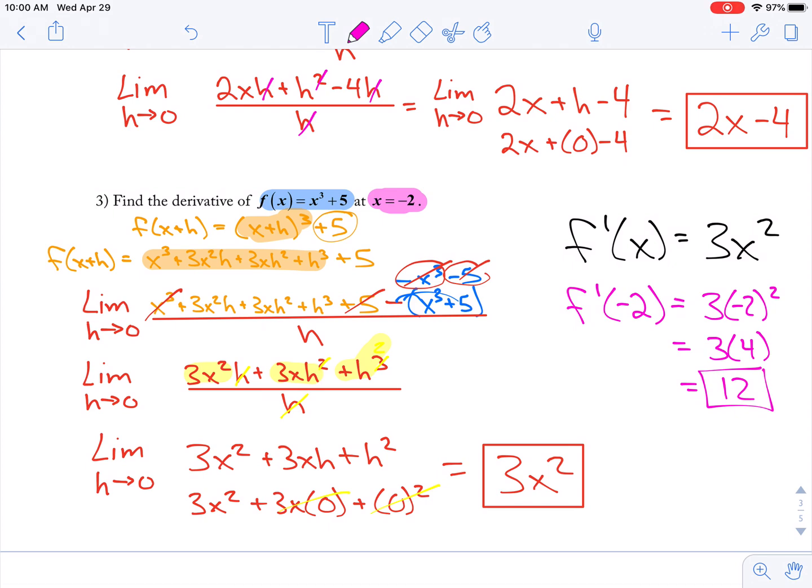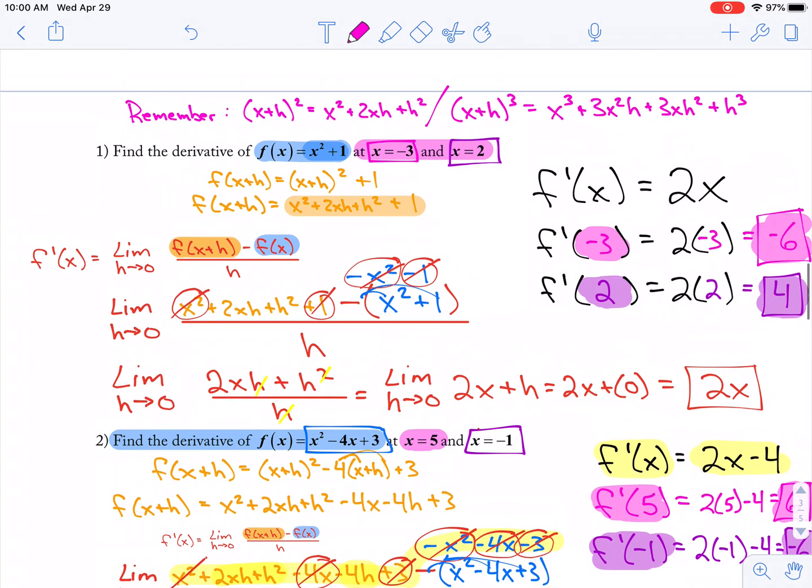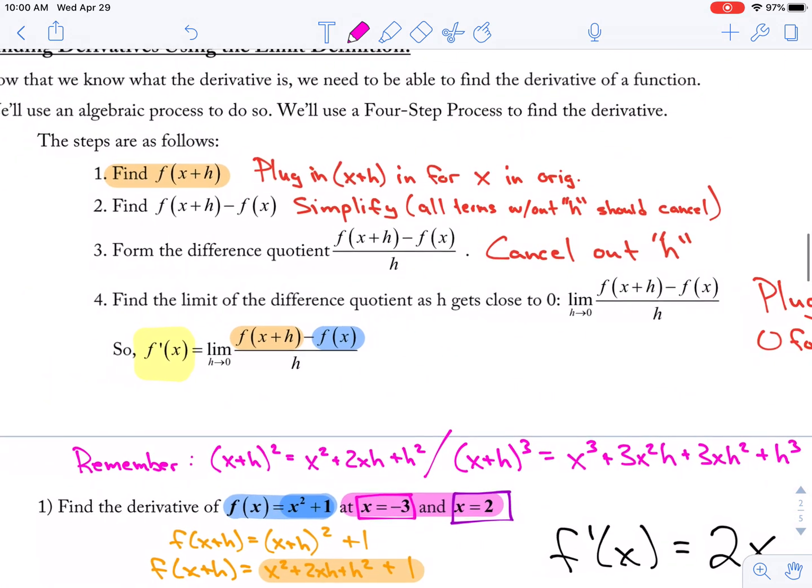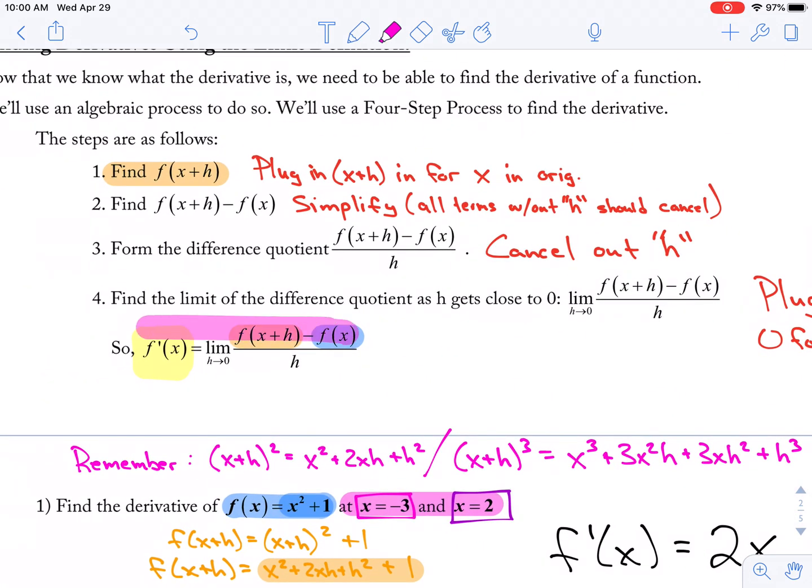It's a lot of algebra, as you can see here. Basically, remember, just go through the steps, right? First thing, know the formula, which is listed right here. That's the definition of a derivative. In order to use it, you first have to find f of (x + h), and you do that by plugging in (x + h) for x in the original function.